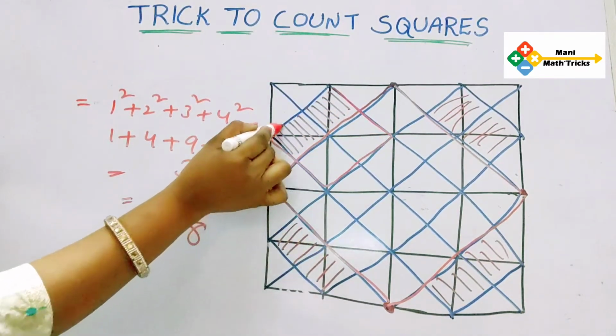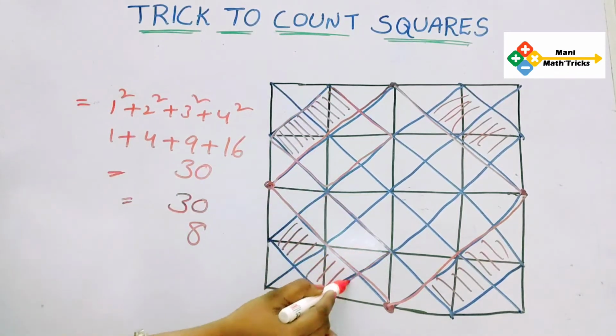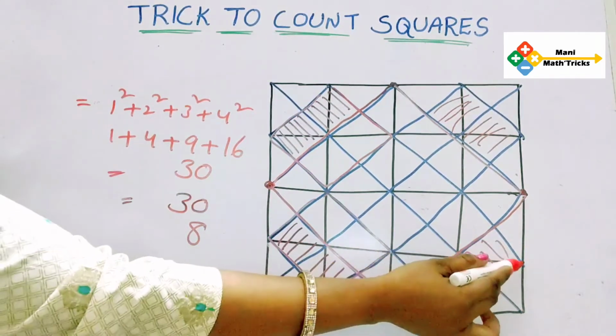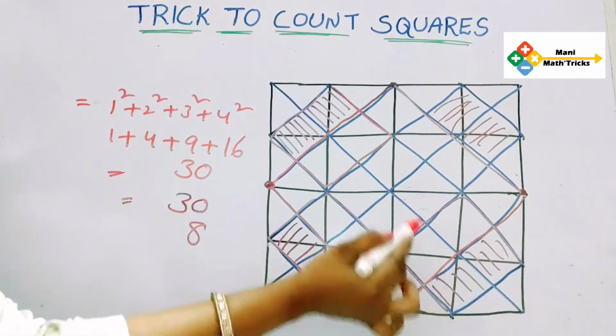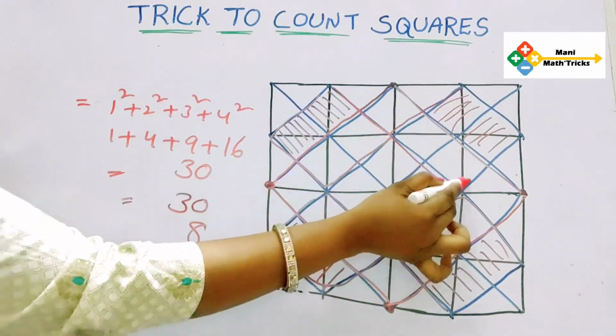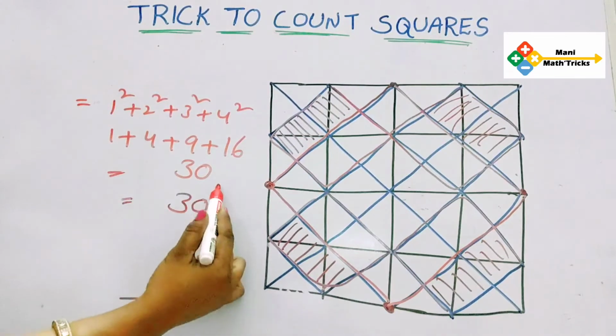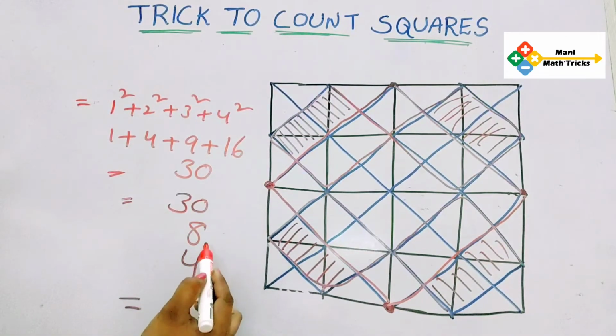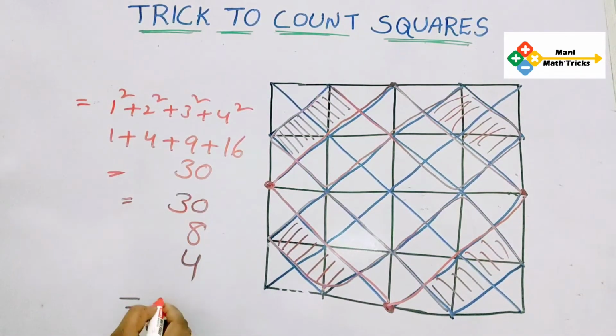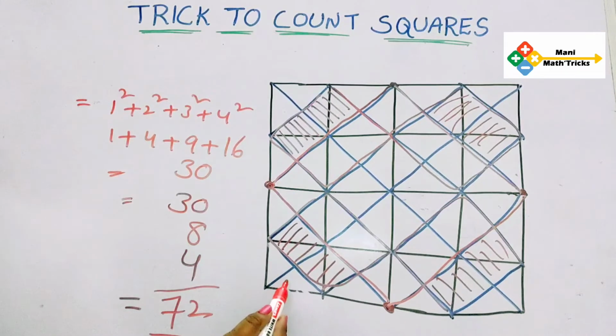See, 1, 2, 3, 4. 4 more squares. 30 plus 30, 60, plus 8, 68, plus 4, 72. So this figure consists of 72 squares.